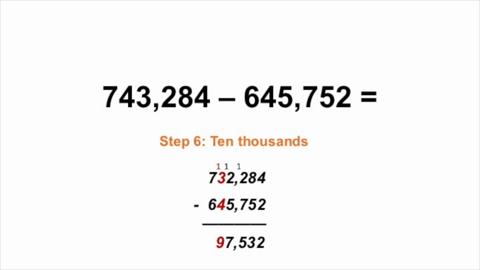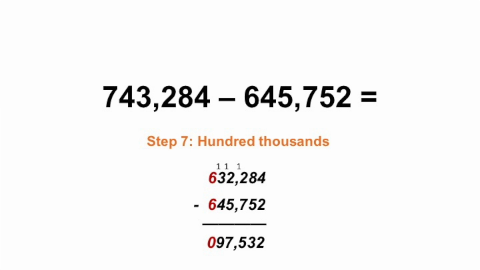Excellent. 7 minus 6, we can do. Equals 1. So when we borrow from the 7, it becomes 6 in the 100,000s. And that means 6 minus 6 equals 0. Now we have our answer.